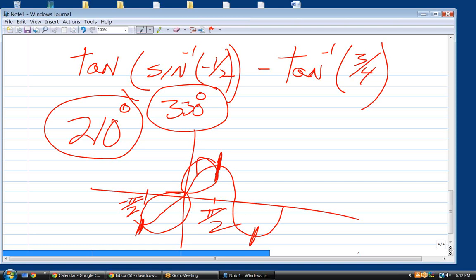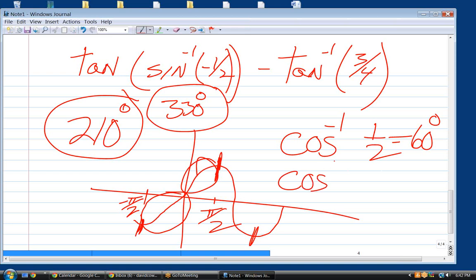If you're talking inverse cosine, then the primary quadrants are 1 and 2. Inverse cosine of 1/2 would be 60 degrees. Inverse cosine of minus 1/2 is going to be 120 degrees, not also 240. Your calculator won't give you the 240 answer.